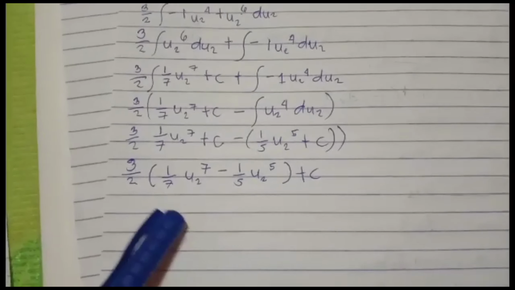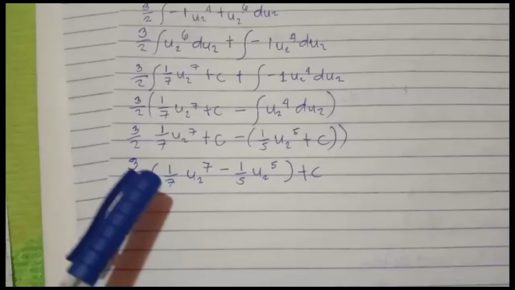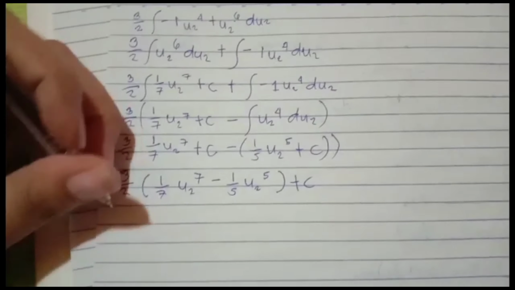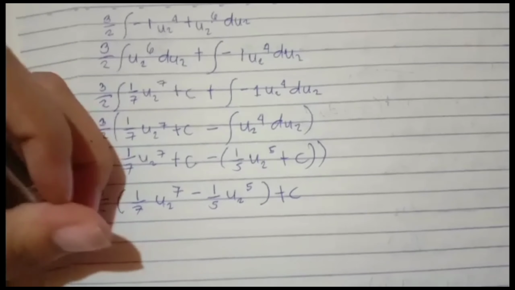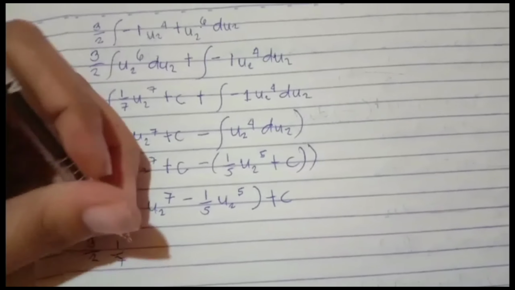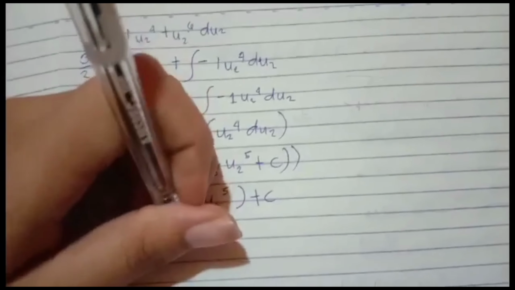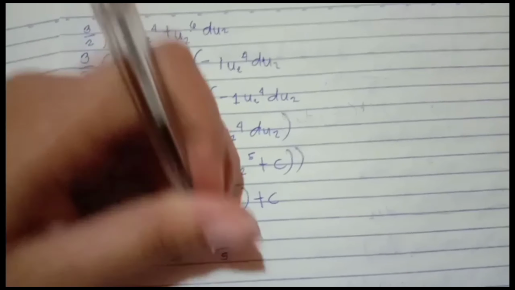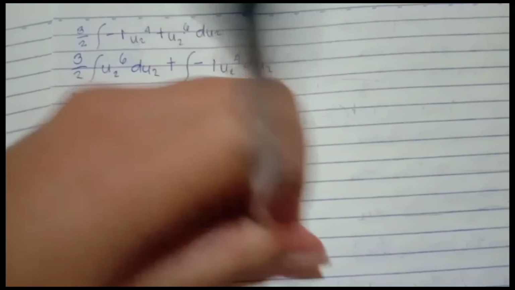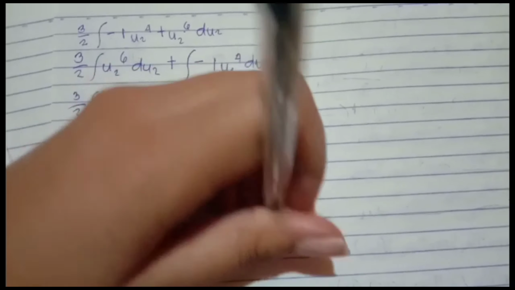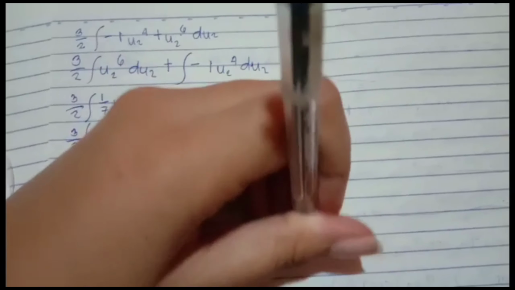Replace all occurrences of u2 with cosine u1. So, 3/2 of 1/7 cosine to the 7th power u1 minus 1/5 cosine to the 5th power u1 plus C.